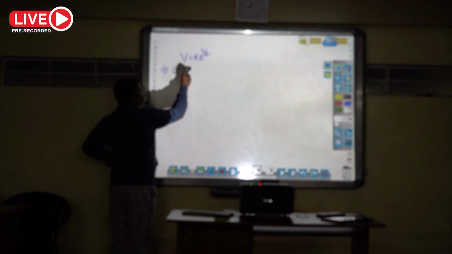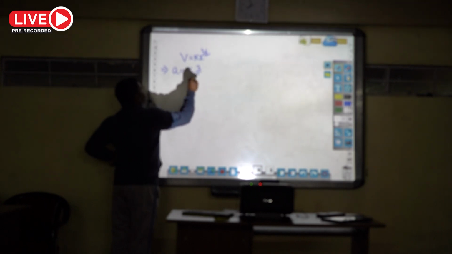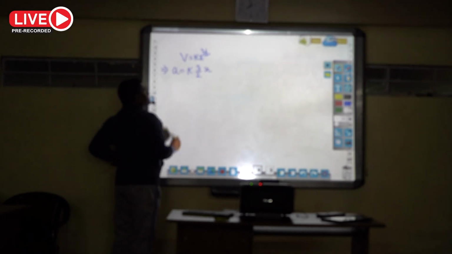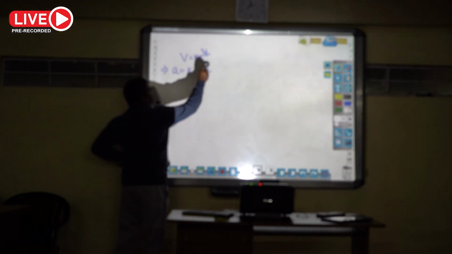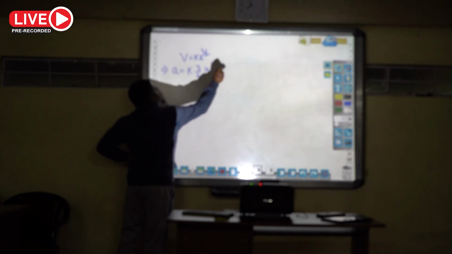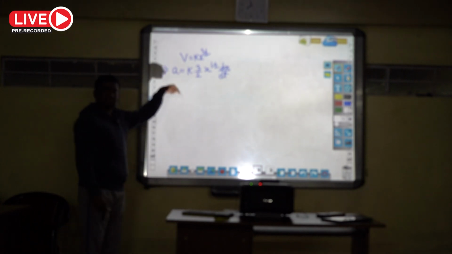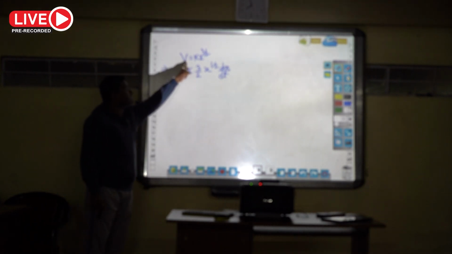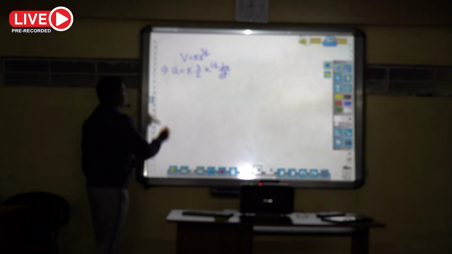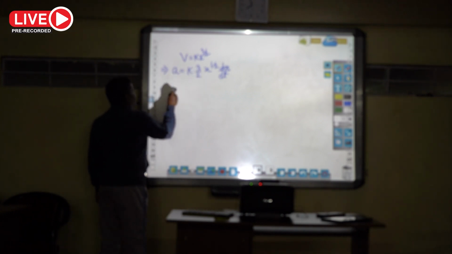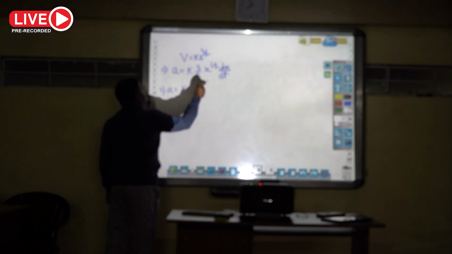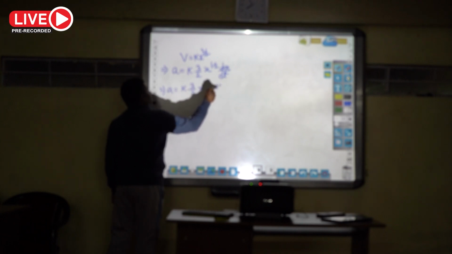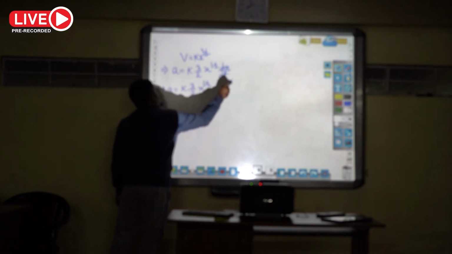So it will be k into 3 by 2 x to the power 3 by 2 minus 1, which is half, into dx/dt. But what is this dx/dt? dx/dt means v. So I can again substitute this v. So a equals k into 3 by 2 into x to the power half into k x to the power 3 by 2.